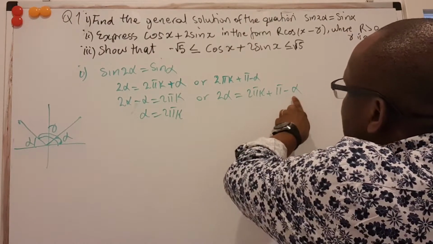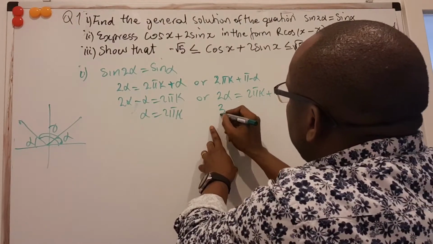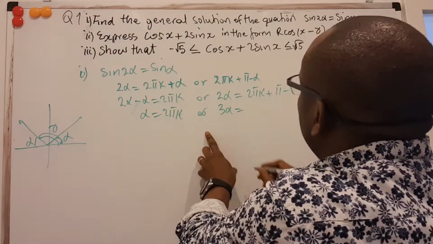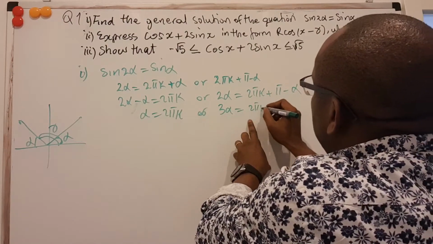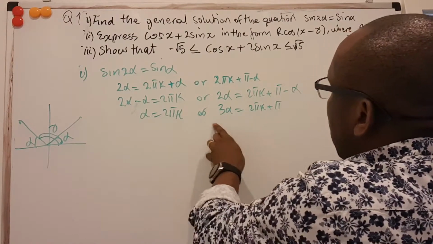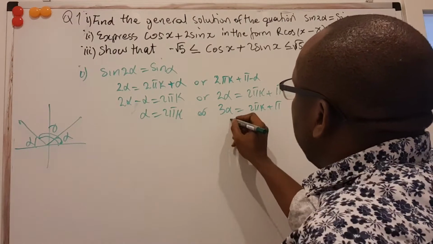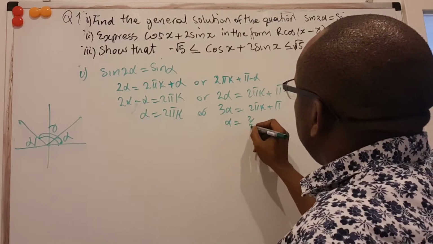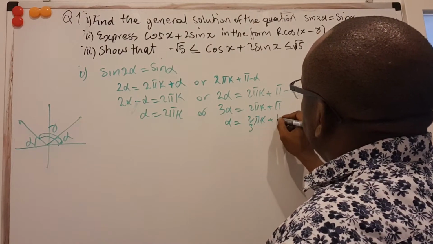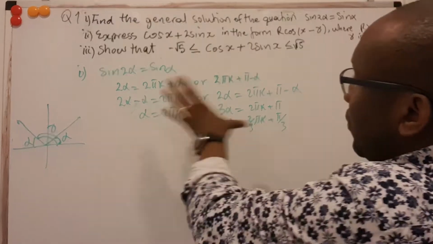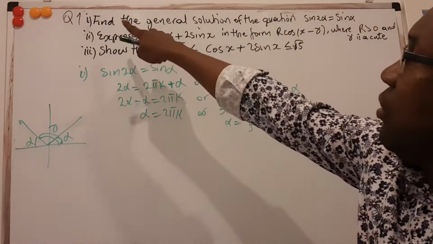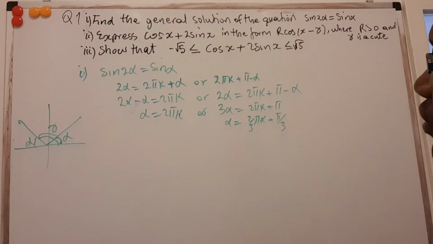If I take minus alpha to this side, it becomes plus alpha. So I get 3 alpha is equal to 2 pi k plus pi. You can divide all through by 3, then alpha is equal to 2/3 pi k plus pi on 3. So that's the general solution for this equation here.